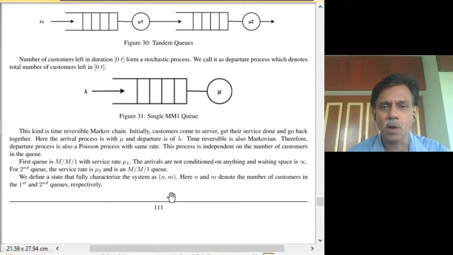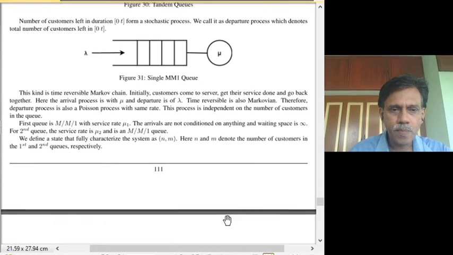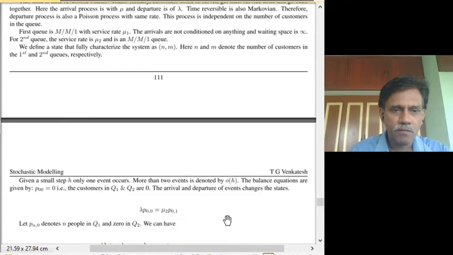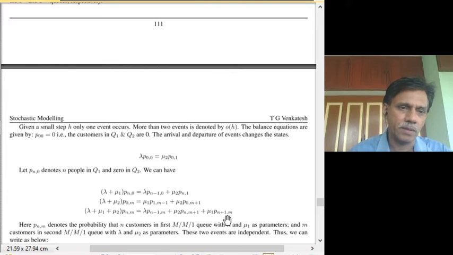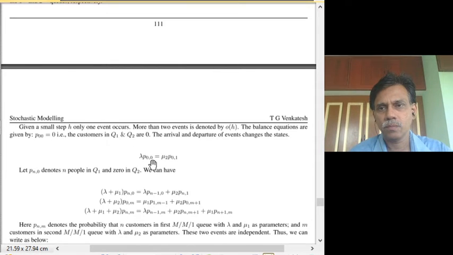We have not drawn the Markov chain, but it is easy to write down the detailed balance condition. So, when (n, m) is equal to (0, 0), it means there are no customers in the first queuing system as well as the second queuing system. We will just look at the following thing, P00.